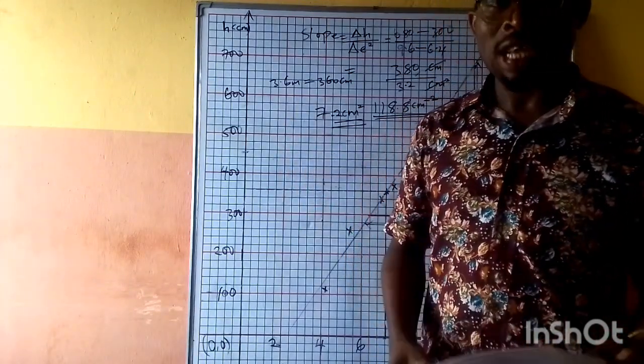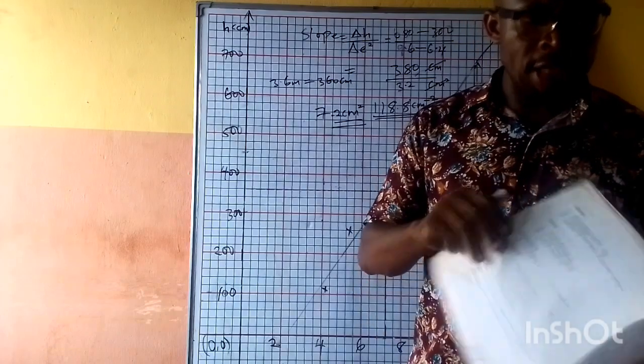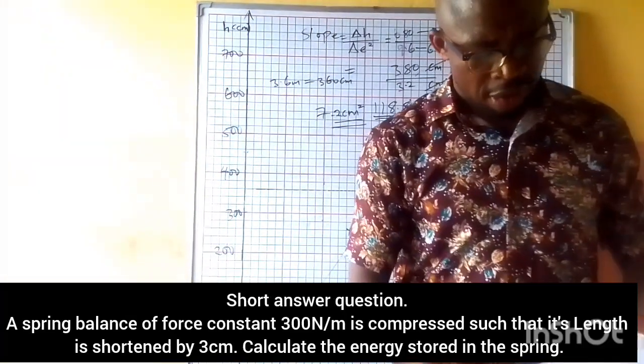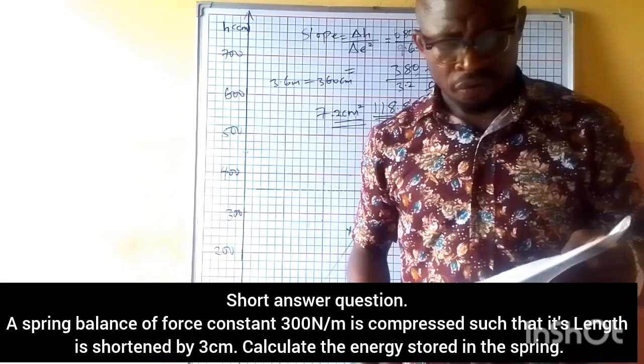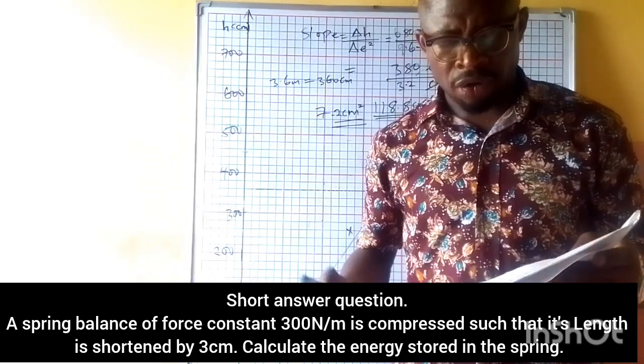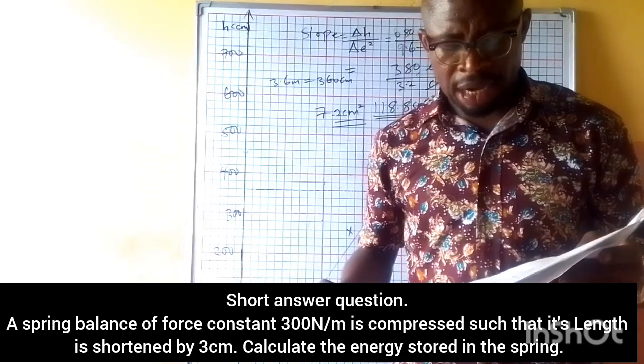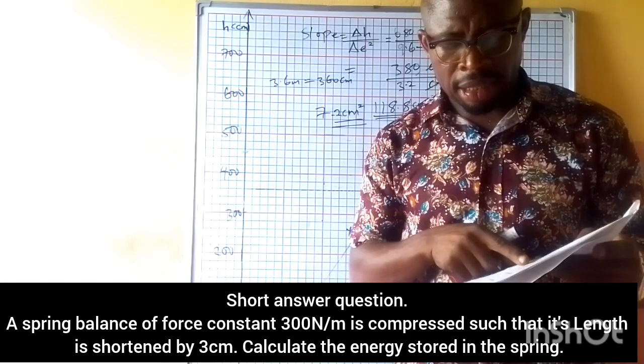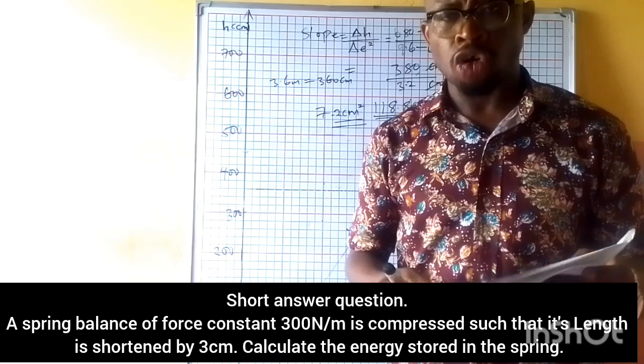Now, the last but not the least, a question was asked somewhere there that a spring balance of force constant 300 Newton per meter is compressed such that its length is shortened by 3 cm. Calculate the energy stored in the spring.